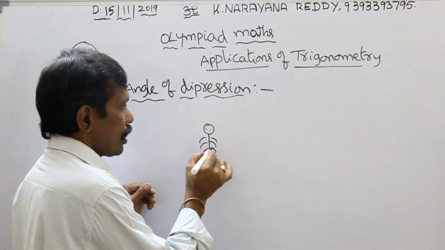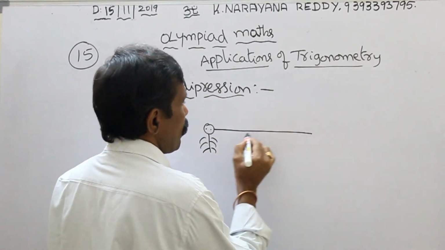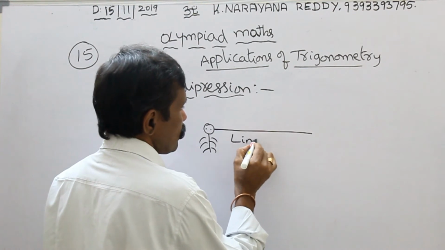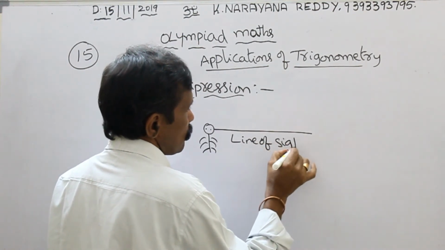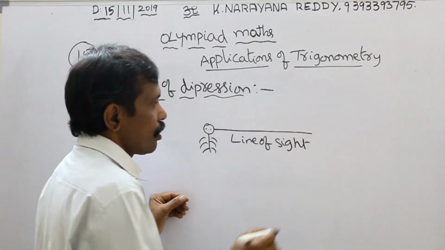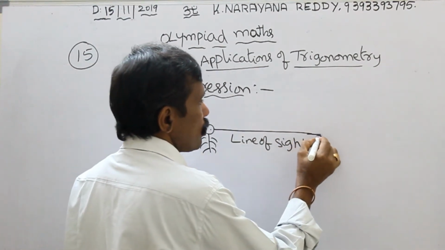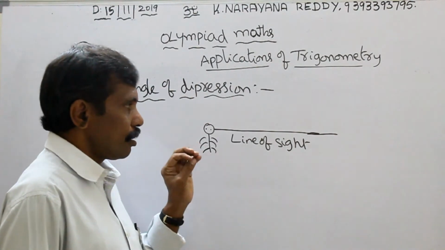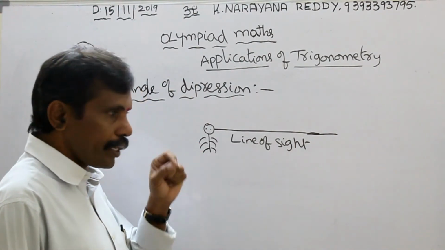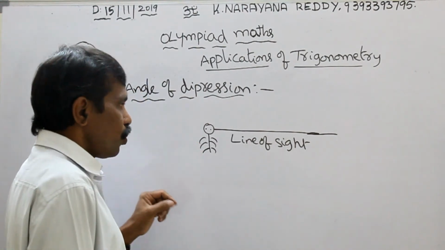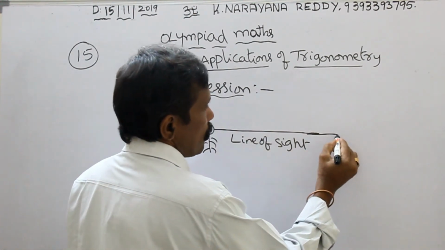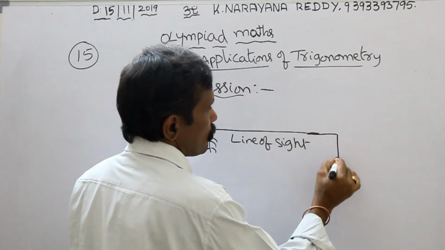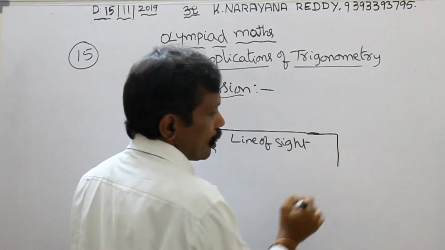Okay. This is line of sight. Okay. Now the person is observing an object, lowering his head. Lowering his head. How to lower his head? That means, see here. So this is an object.